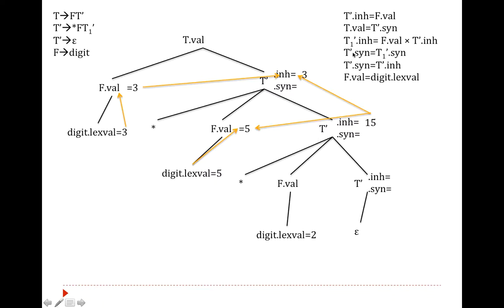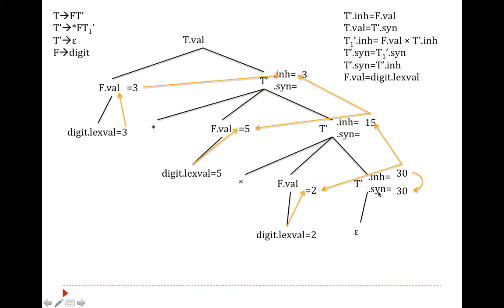T1 dash dot inh is computed using the sibling and parent, which becomes 15. Then this is again passed on to its parent, and now again this becomes T1 dash dot inh, which is computed using the sibling and parent. So 2 into 15 becomes 30. Now this 30 is given to this T dash.